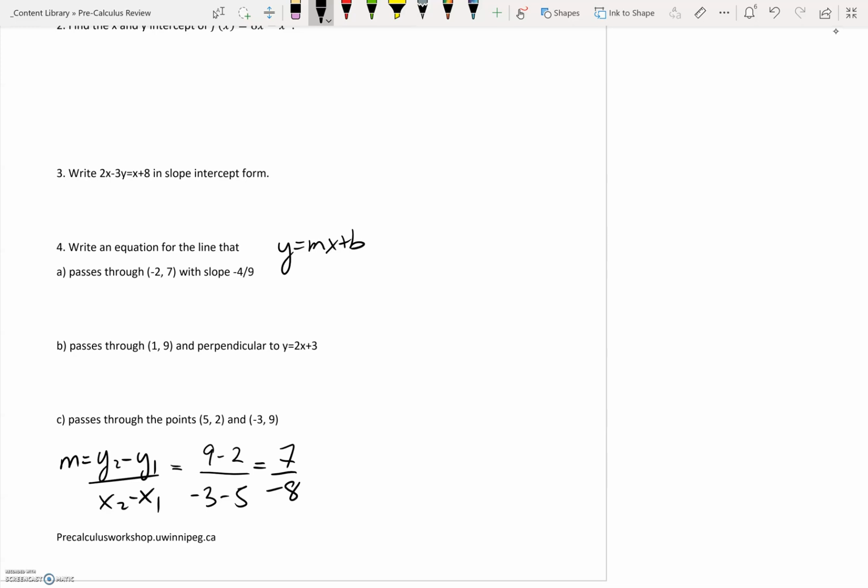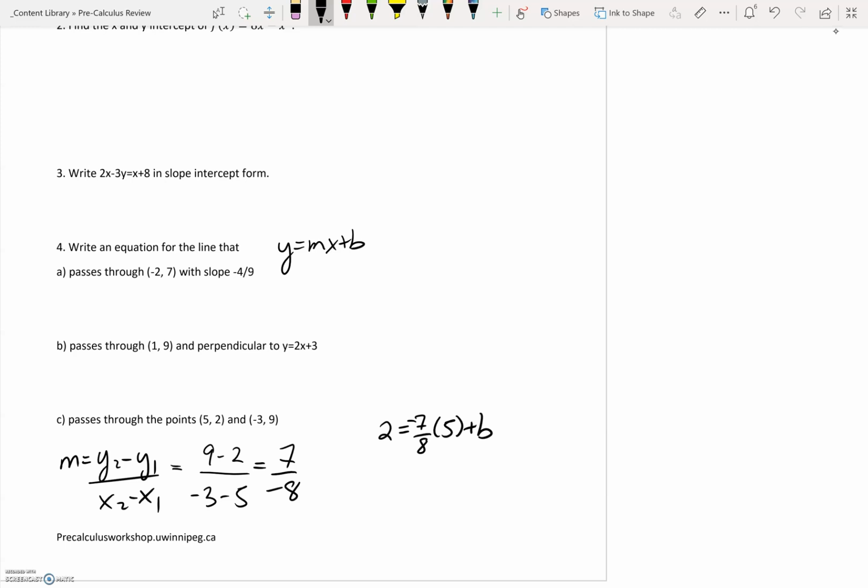Now we can just pick any point for your x and y to plug in to find our b. Okay, so then let's just use (5, 2). And our x was 5.